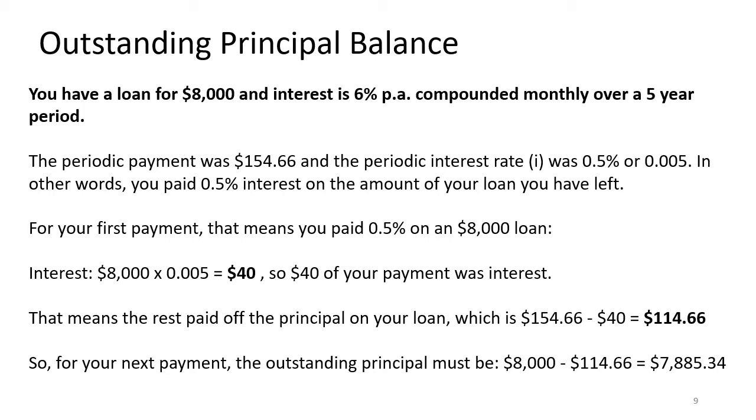So we're going to go back to this first question. You have a loan for $8,000 and interest is 6% per annum compounded monthly over a 5-year period. So in case you're wondering, this is example number 2. So if you remember back, our periodic payment was $154.66. Our periodic interest rate, I, was 0.005, okay?